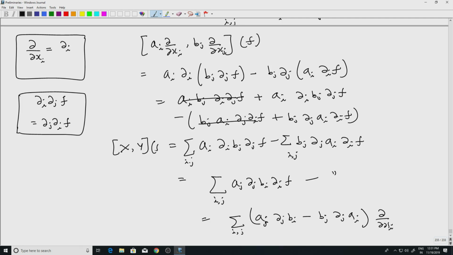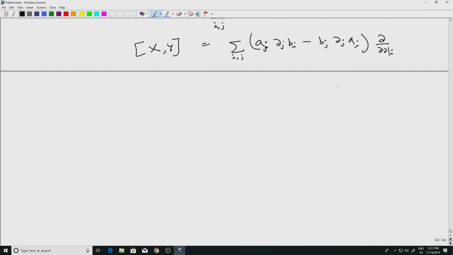This was acting on f, and if I don't want f in that, I'll just write it like this. So this is the final expression that one wanted.